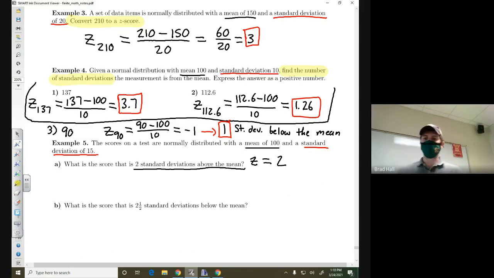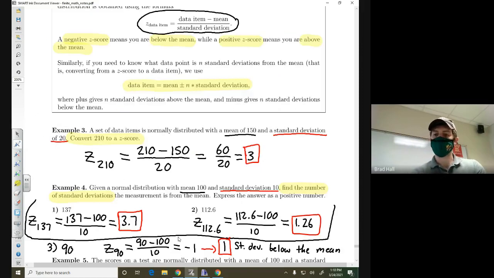So that's what we're told. The z-score is 2, and now we need to find the raw data value that corresponds to 2. So basically, what value would give us a z-score of 2? So we're working backwards to find the raw data value. So we're using the second formula here.